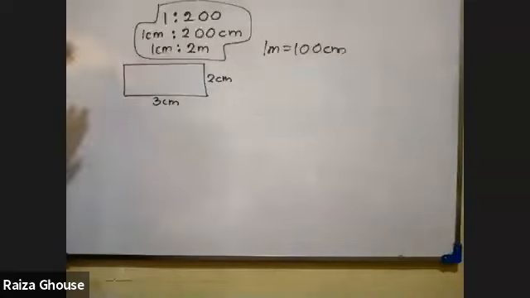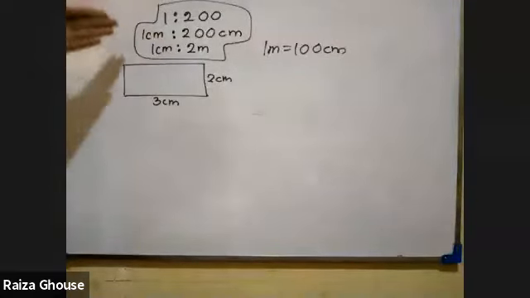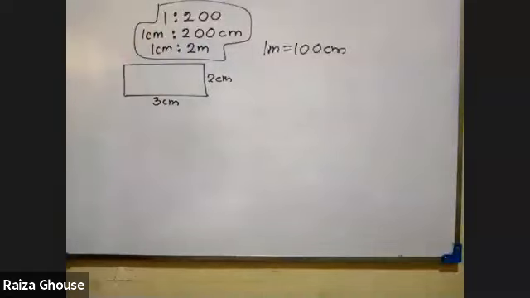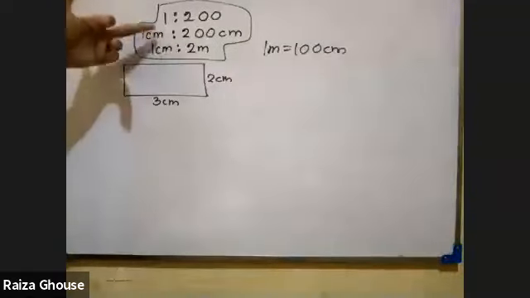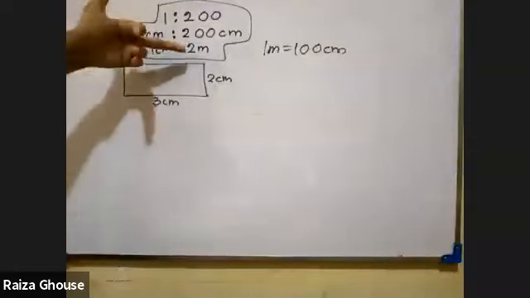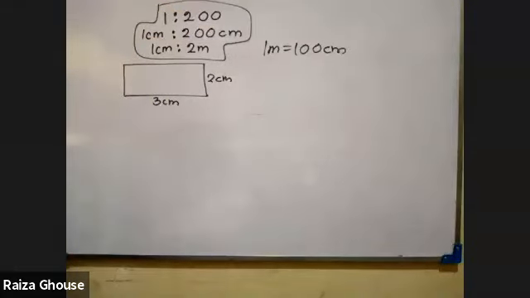So the answer is here. 1:200 means 1 centimeter represents 200 centimeter. In other words, the real length, 1 centimeter represents 200 centimeter, means 2 meters. Yes, you can simplify the ratio. When they are in huge numbers, you can simplify.